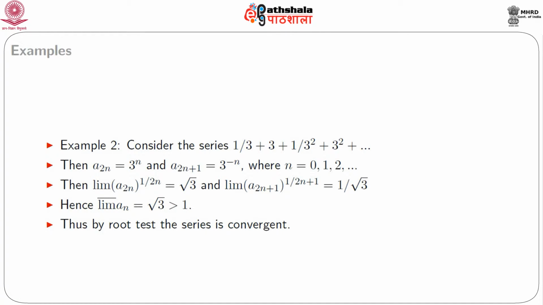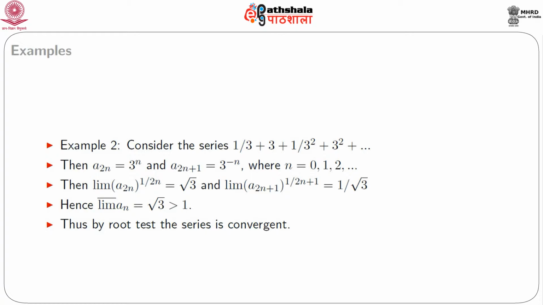Consider our next example, which has some peculiar behavior, where the even terms are powers of 3 and the odd terms are the negative powers of 3. That is, if we consider the even term and odd term, we get a_(2n) as 3 to the power n and a_(2n+1) as 3 to the power minus n, where n is starting from 0 up to infinity.